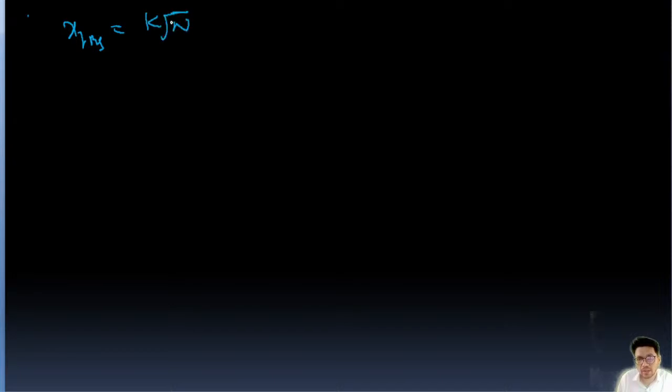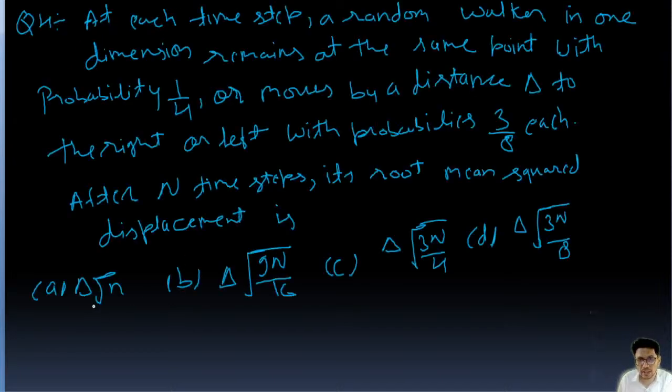It is in this form because here delta is any value, so it's delta root n, this is capital N root n. Any constant times root n, so this is also a constant, and this is also in the form K root n. Similarly, this is K root n, this is constant K, so K root n.